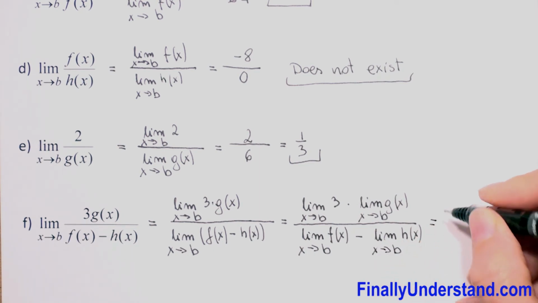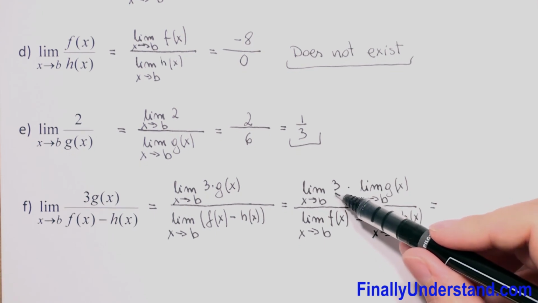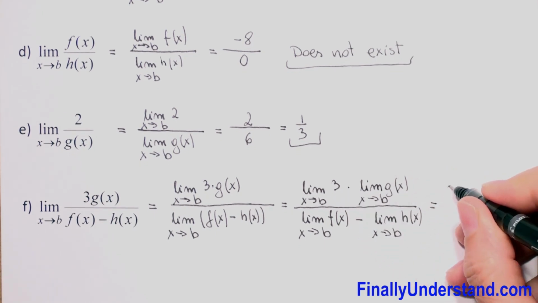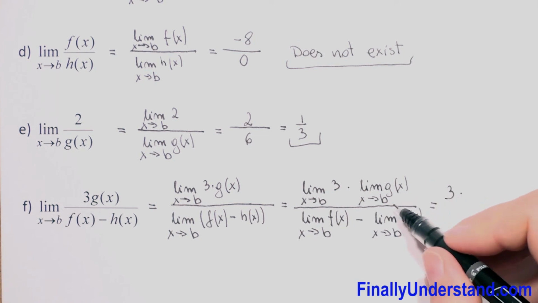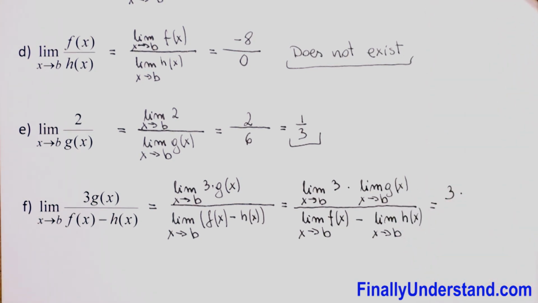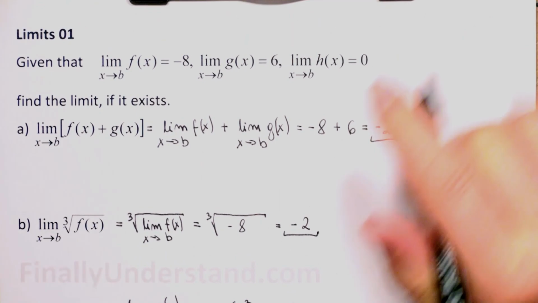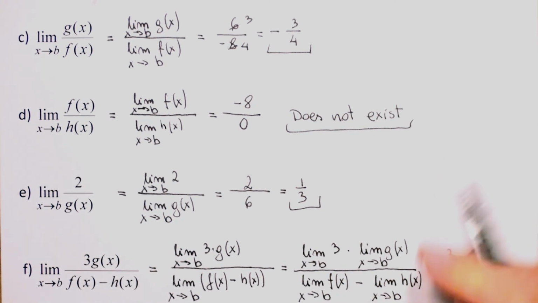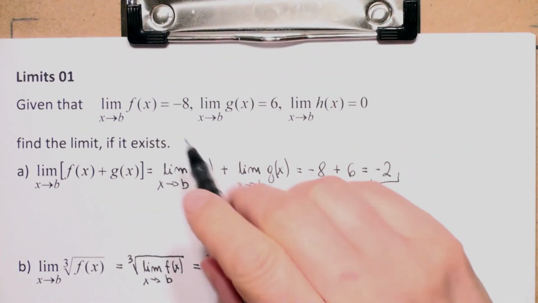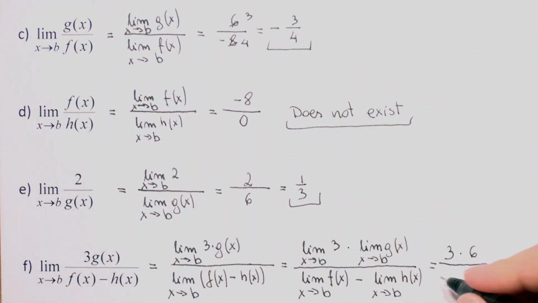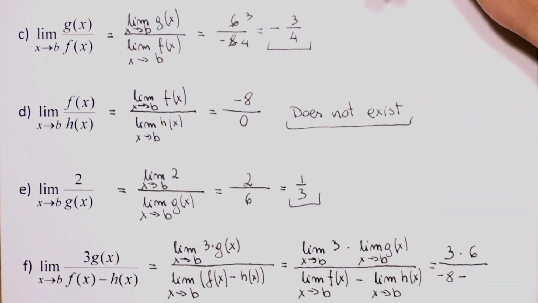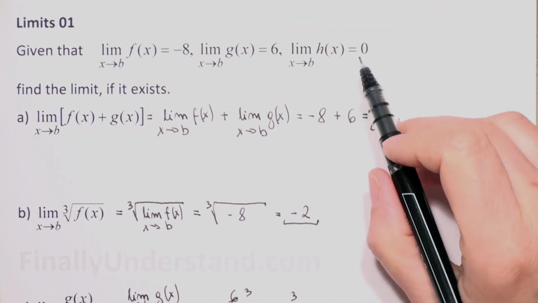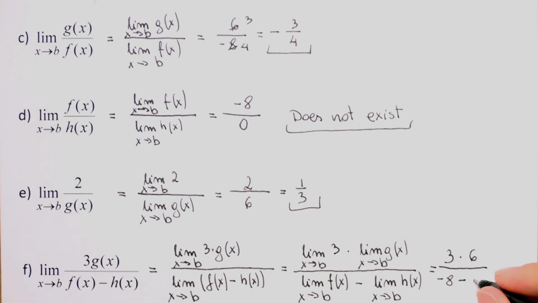This is equal to, the limit of a constant is the constant, so we have 3 times the limit of g of x as x approaches b, which is equal to 6. Now in the denominator we have the limit of f of x as x approaches b, which is given as -8, minus the limit of h of x as x approaches b, which is equal to 0. So we can put 0.